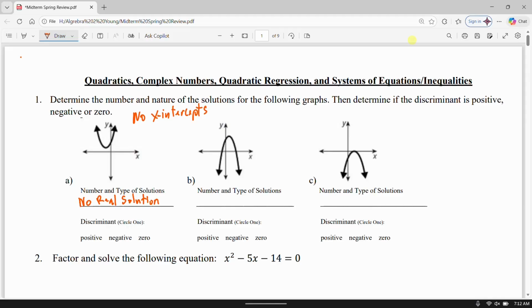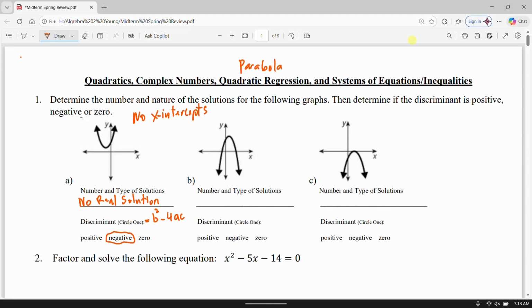If there's no real solution, the discriminant is going to be negative. What is a discriminant? The discriminant is b squared minus 4ac. Let me give you a quick review.